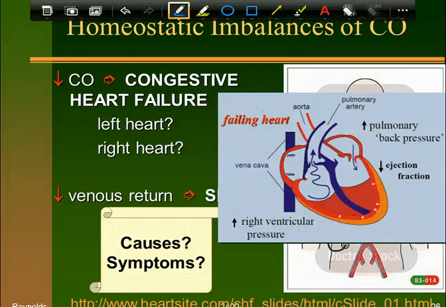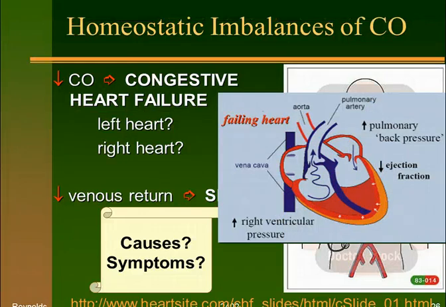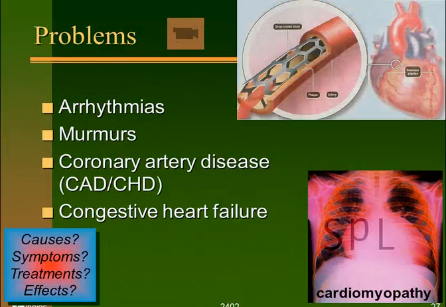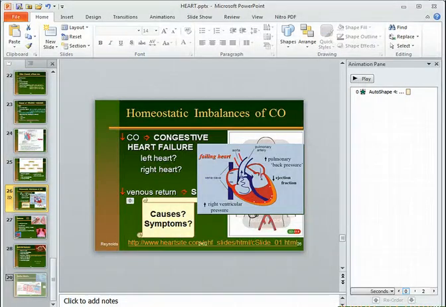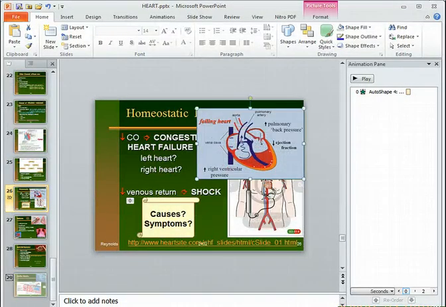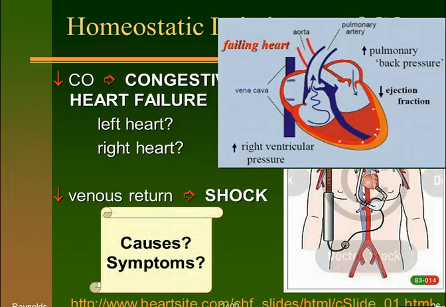Okay, let me get out of this. All right. The other thing is, let's see, drop in venous return. Unfortunately, this is, let me get rid of this picture and move it up there so you can see it. That's what shock is.